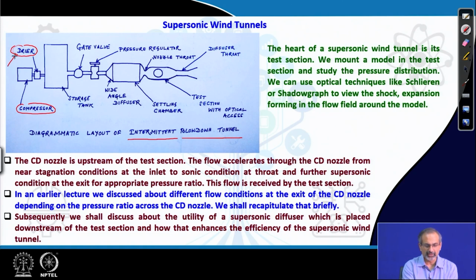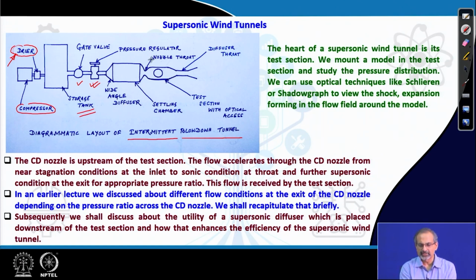So, in order to avoid that, we would like to have a dryer here, and then we store the high pressure air in the storage tank, and then when we want to run the tunnel, we operate the gate valve followed by the pressure regulator, and then we allow the flow into a settling chamber, which has a wide angle diffuser. That means, you diffuse the flow across a very large area ratio, and then you allow it to stagnate inside the settling chamber.